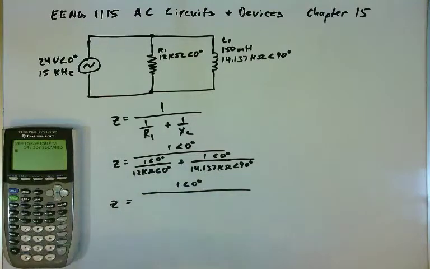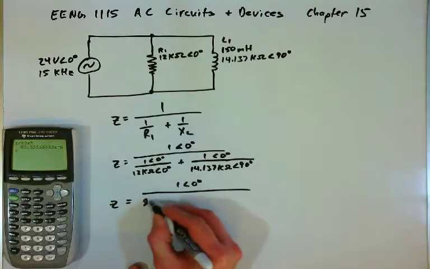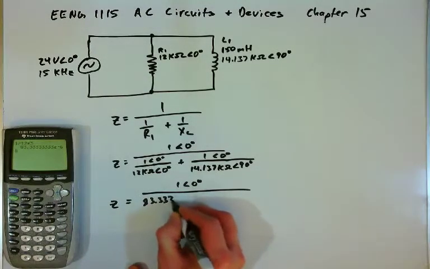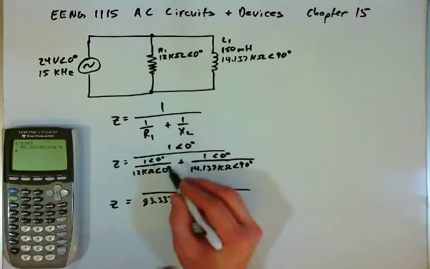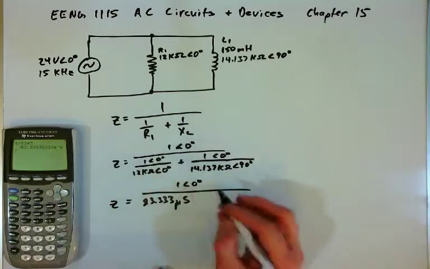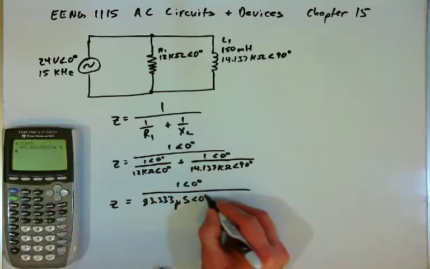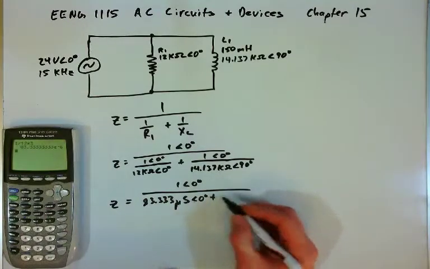divided by, and so I'll divide this vector first. We divide the magnitudes, 1 divided by 12 kilo ohms, which is 83.333 micro, and that's Siemens. And we subtract the angles. 0 minus 0 is 0, so that remains 0 degrees.